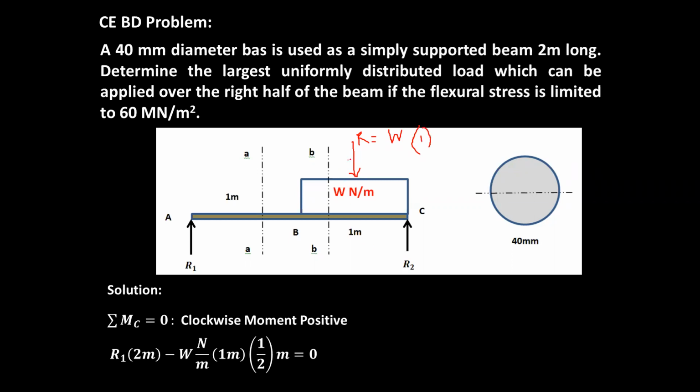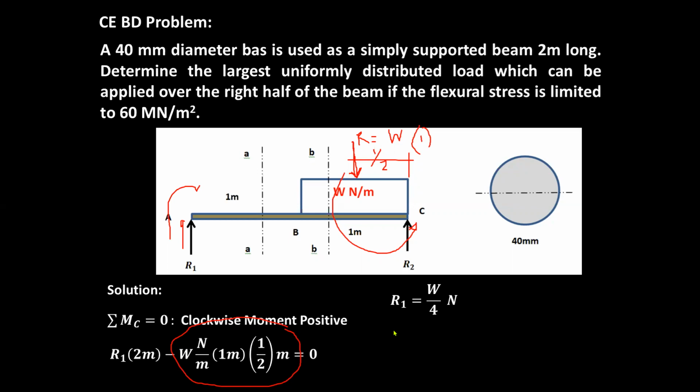The distance is, if it is 1 meter, it is 1 up or 0.5. That's why we have this. Since the resultant force is downward and its direction about point C is counterclockwise, we used negative. R1 is multiplied by 2 because the distance of R1 from point C is 2 meters and its rotation direction is clockwise. And then we can also calculate for R sub 1. We have W over 4 Newtons. Our unit is Newton.